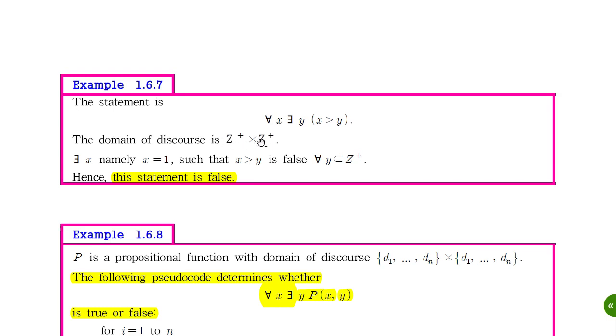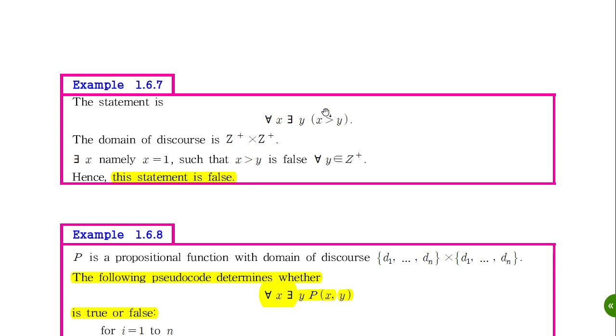But if the domain of discourse is the cross product of positive integers, then if we choose x equal to 1, there is no smaller positive integer y for x equal to 1, because that's the smallest positive integer.